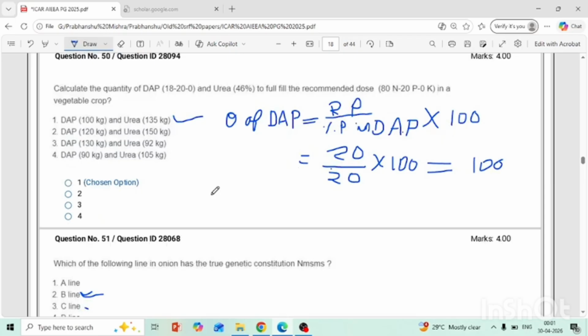Then you calculate the nitrogen. Because the DAP also has 18% nitrogen, first you calculate the nitrogen from DAP, then we'll go for urea.